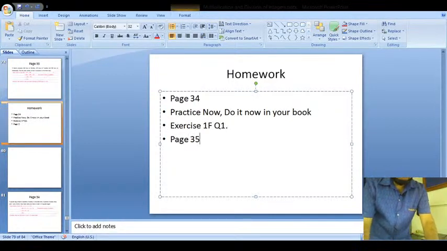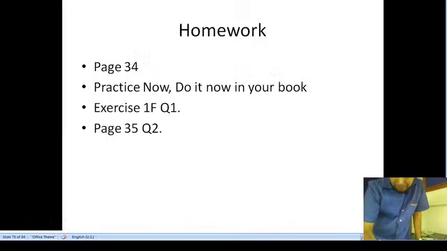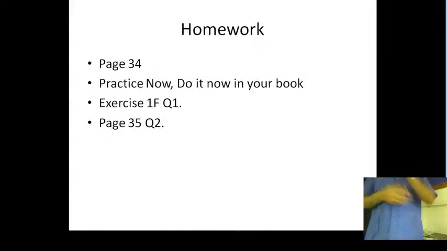Page 35. So in total you have 3 questions. Page number 34, practice now, exercise 1F, question number 1 and page number 35, question number 2. This is all about your homework.